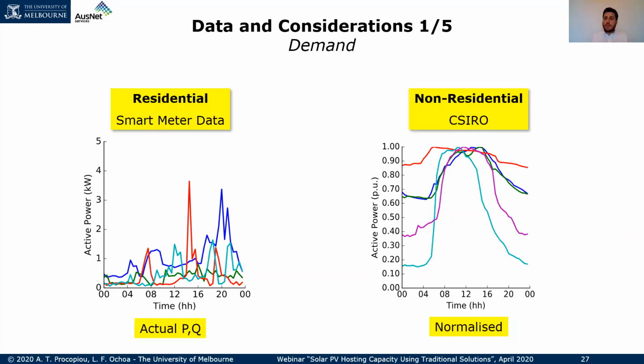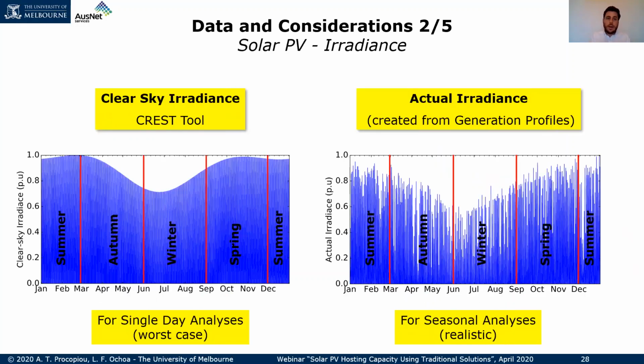For the non-residential, we're using open source information provided by CSIRO, who have collected information on demand behavior from different non-residential customers. Now, for the solar PV, we are using two types of irradiance profiles.